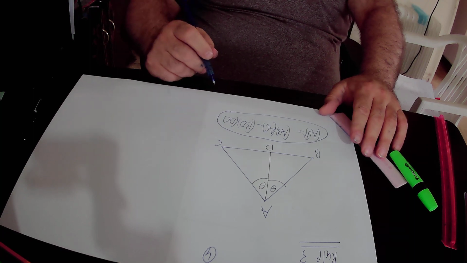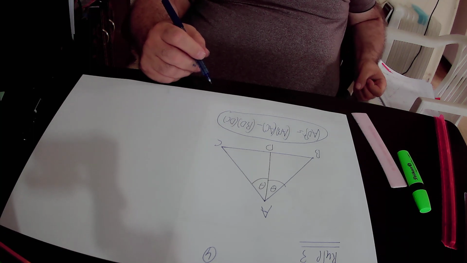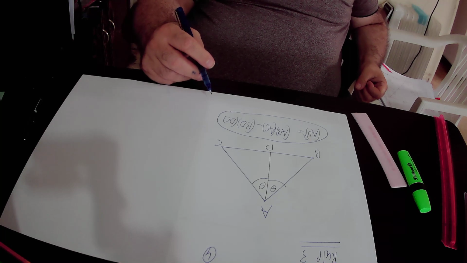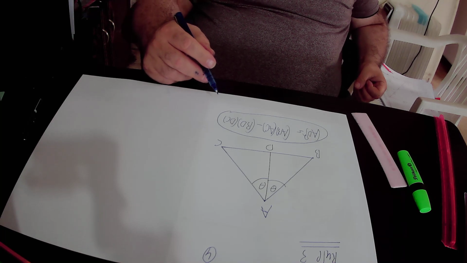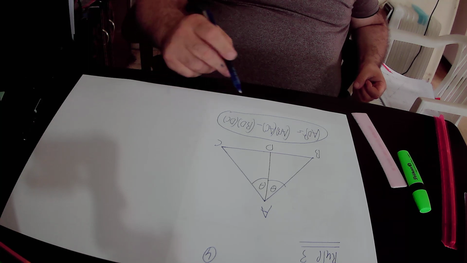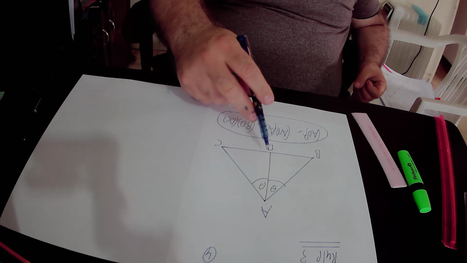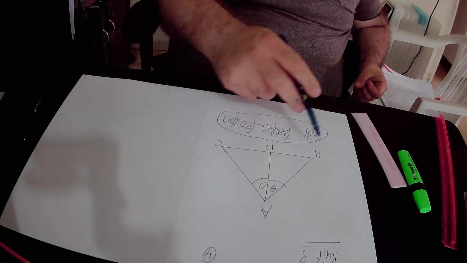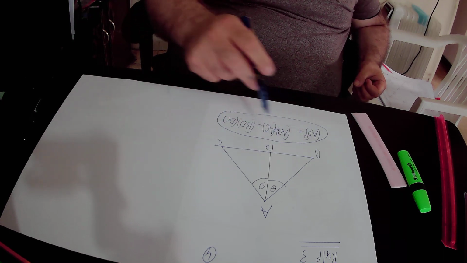I'll repeat again. If we have triangle ABC, that could be any triangle, and we have the angle bisector AD, then according to rule number 3, AD squared, that is the angle bisector squared, equals AB times AC minus BD times DC.